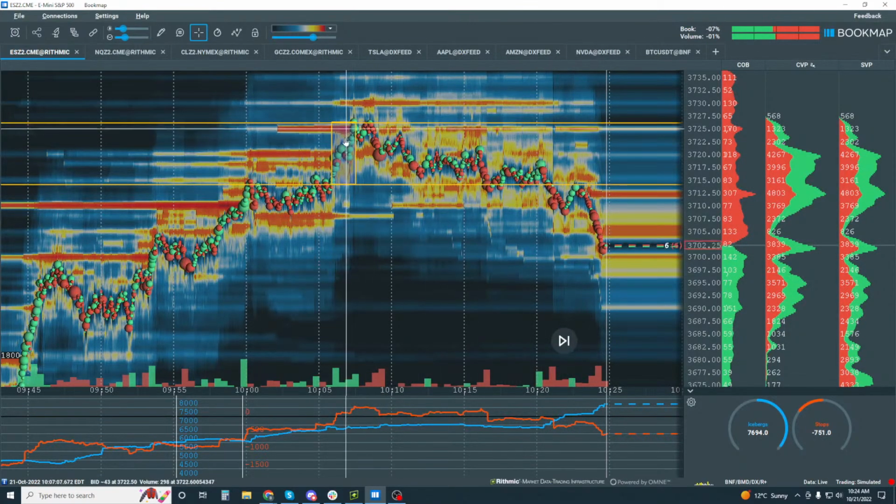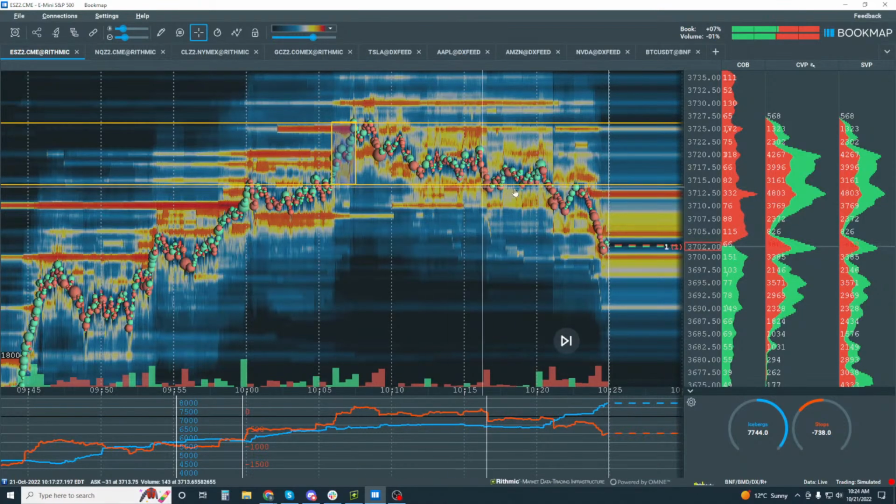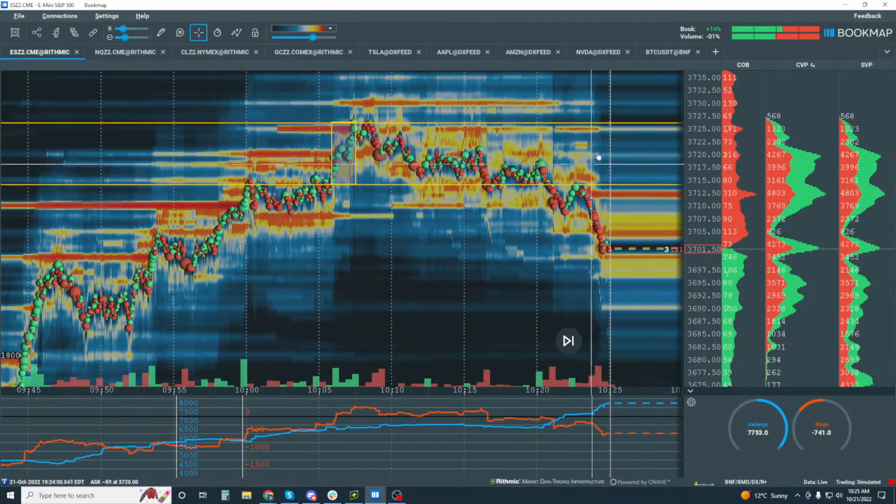Okay, so this is a lot of traders, a lot of transactions in here. Okay, and then now we're seeing them move it away from that level here. If there were not enough sellers in here, we still had some buying activity in here, we would likely chop around in here for a while. But we broke it, we retested back.